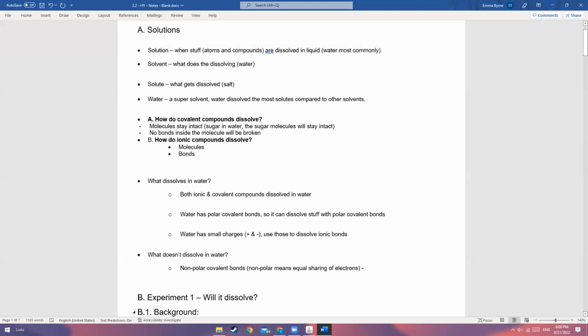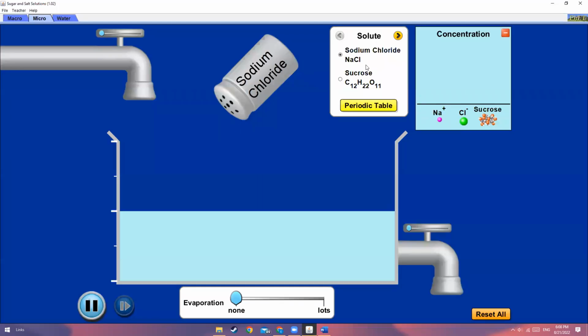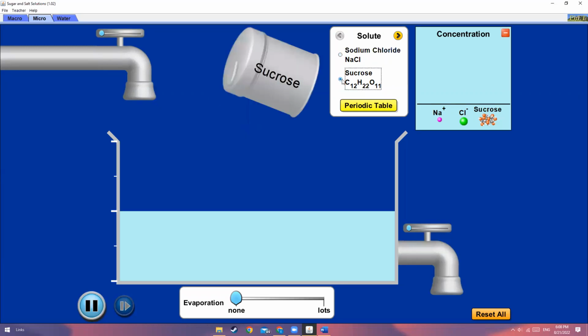And there's another good simulation for this, again from the University of Colorado Boulder, similar to the atom building simulation. This is accessible online. If you look up Colorado solute and solvent simulation, it would probably come up. So we'll start with sucrose.